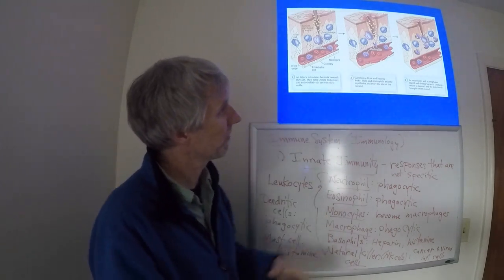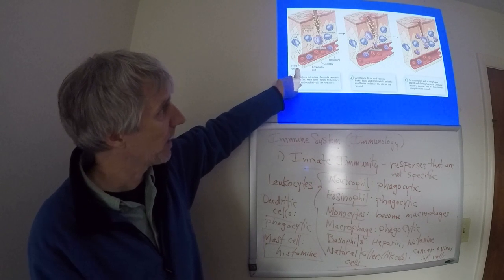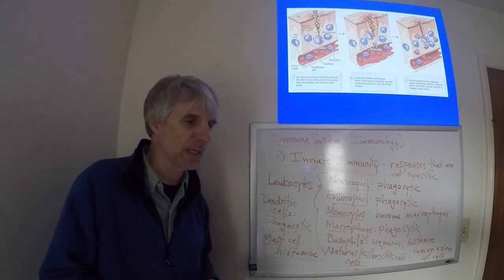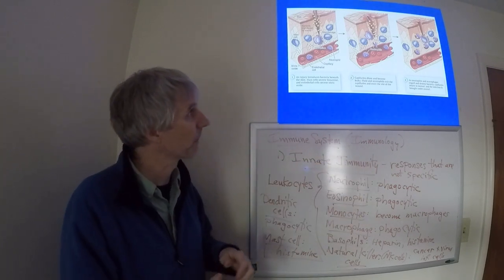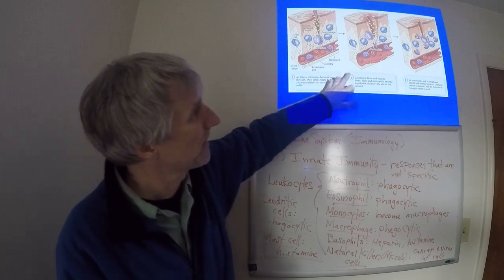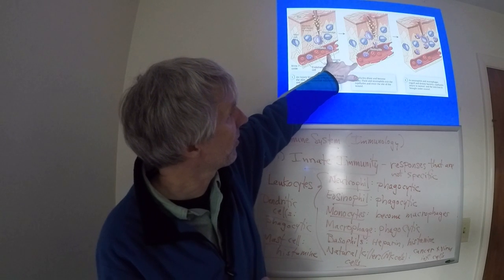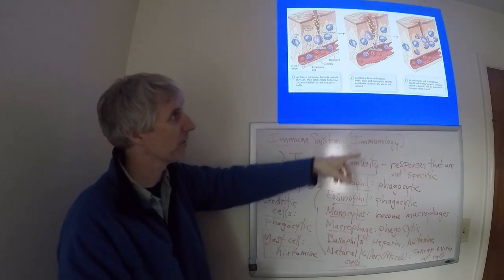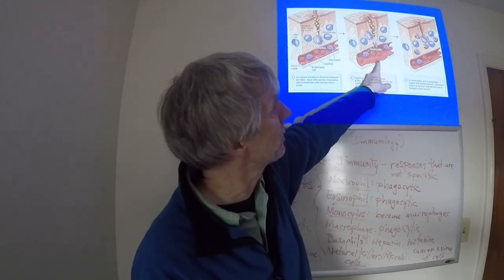The dilation of the blood vessels is assisted by nitric oxide, which can also be produced by these cells in response to histamine, and that further dilates these circulatory system vessels. Look what's happening to the endothelial cells here of the circulatory system. They're being pulled apart from each other. We get these little gaps.